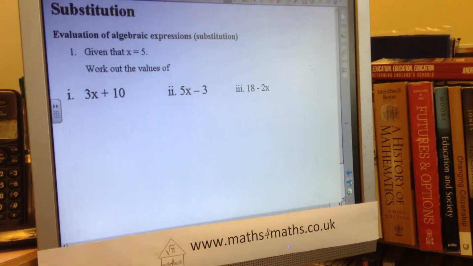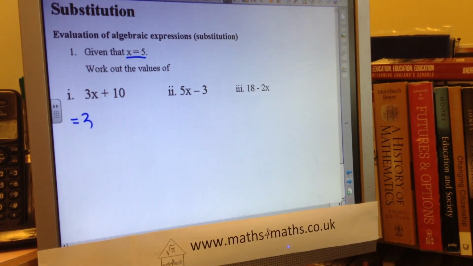Substitution. Evaluation of algebraic expressions. Given that x equals 5, work out the values of (i) 3x add 10. This means 3 times the number add 10, but we are given the number to be 5, so we have to substitute the 5 in terms of the x.